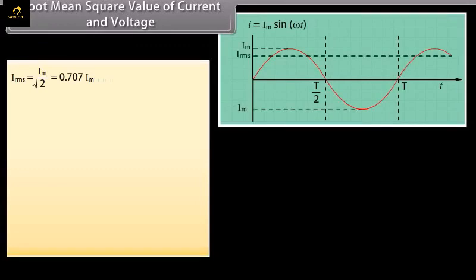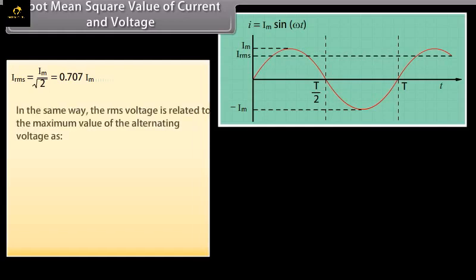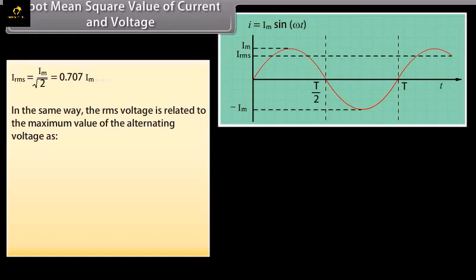IRMS is equal to Im upon root 2, which is equal to 0.707 Im. In the same way, the RMS voltage is related to the maximum value of the alternating voltage, as Vrms is equal to Vm upon root 2, which is equal to 0.707 Vm.